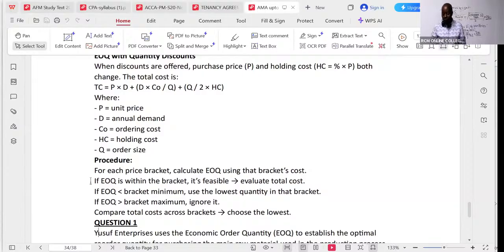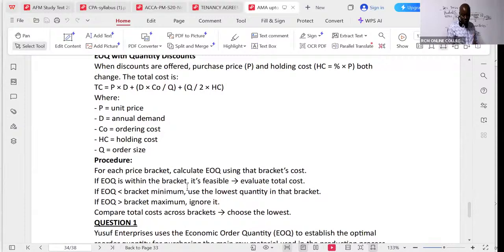The procedure. Should I come across questions with quantity discounts, what shall I always remember, especially when I'm given a range of discounts? For each bracket, calculate EOQ using that bracket's cost. Number one, if EOQ is within the bracket, it's feasible.